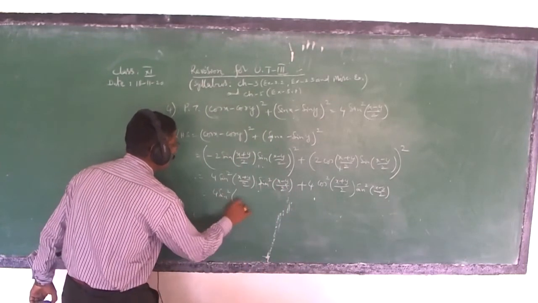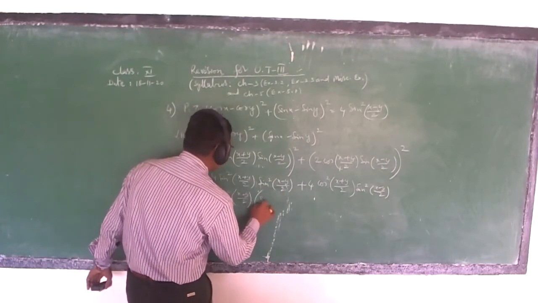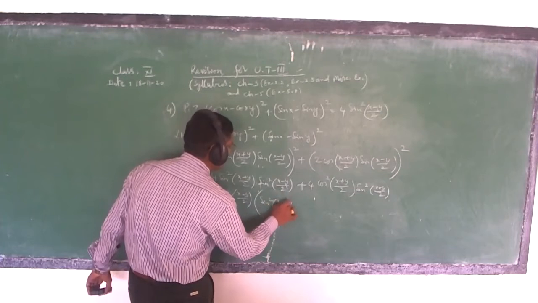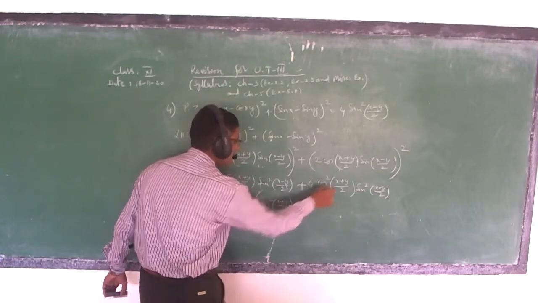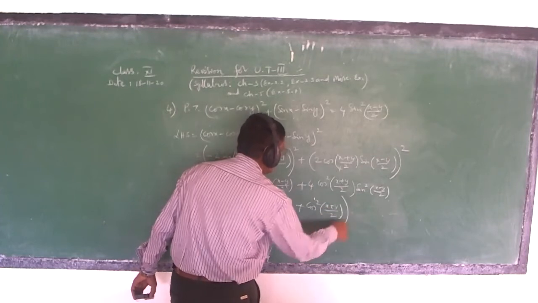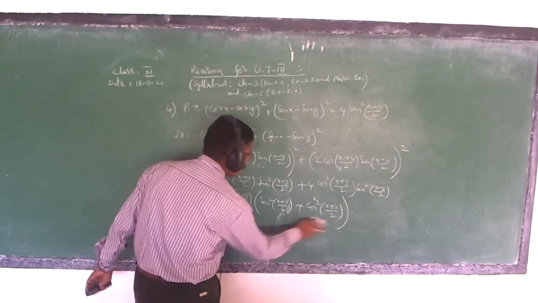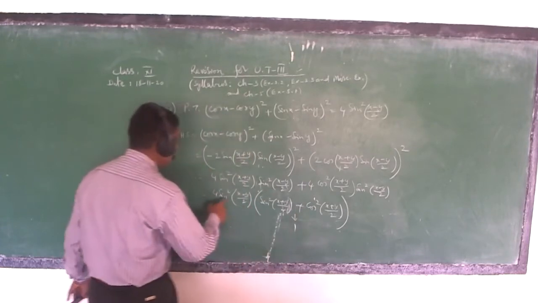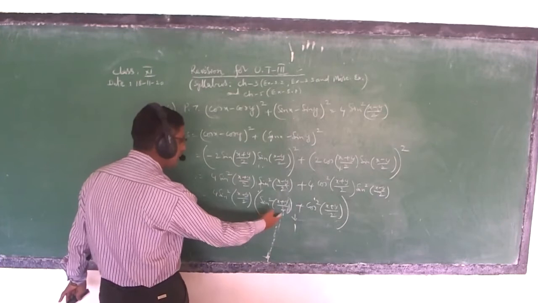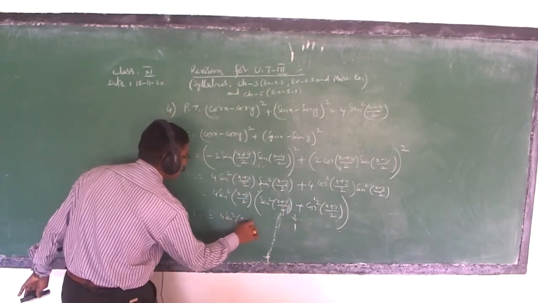Taking it out common, 4 sin square (x−y)/2, inside the bracket we get sin square (x+y)/2 plus, in the second term, cos square (x+y)/2. So this value is known to be 1. So 4 sin square (x−y)/2 into 1, it is 4 sin square (x−y)/2.